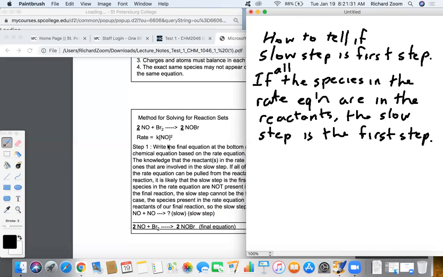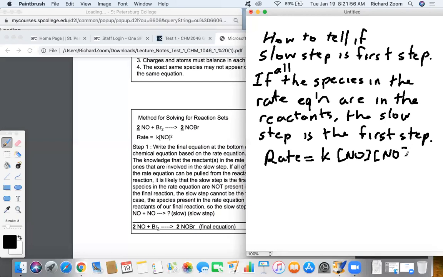Okay. So let's look at what's in the rate equation. What I see in the rate equation is 2 molecules of NO. I look in the reaction, there's 2 molecules of NO. Now, what do I mean by 2 molecules? Well, the NO squared, another way of writing this is rate equals k[NO][NO].